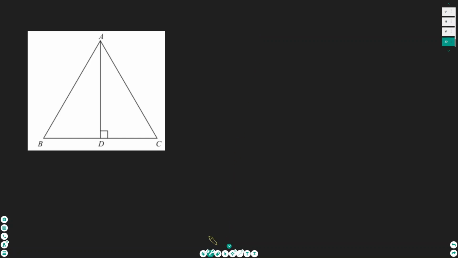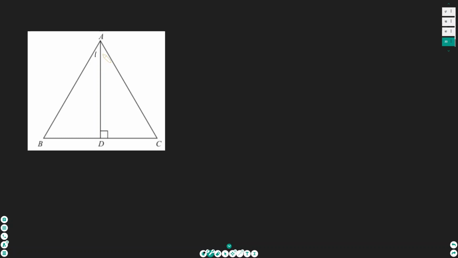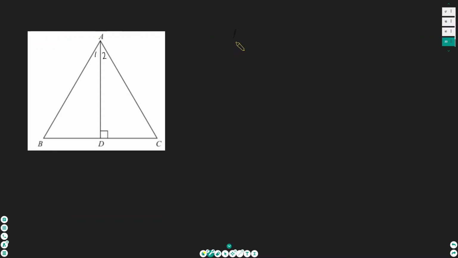We can easily prove using another condition as well. For example, the angle A1 is also equal to the A2 because the AD is a bisector of the angle. So comparing the two triangles, the angle A1 is equal to the A2.